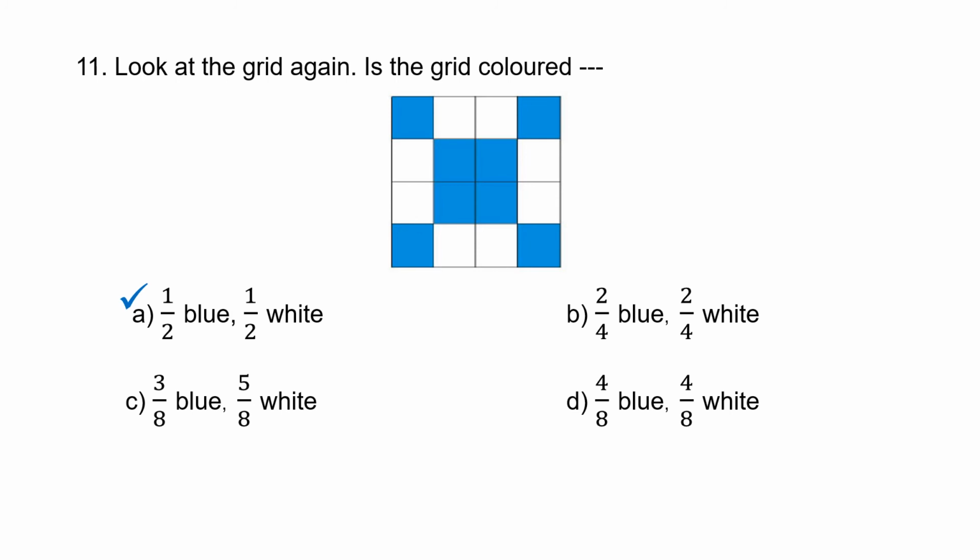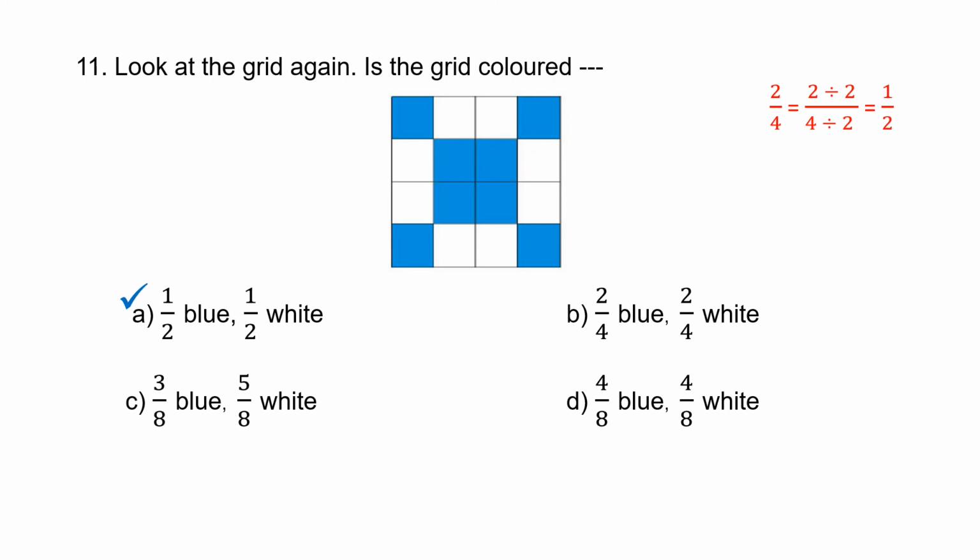Let us see the option B. 2 by 4 blue, 2 by 4 white. Let us simplify. Simplify the fraction 2 by 4. Simplifying means we have to divide the numerator and the denominator by the same number.